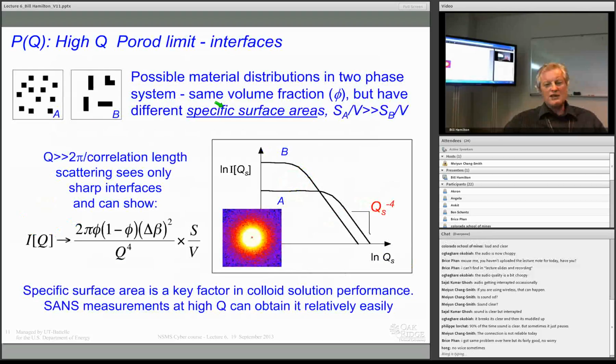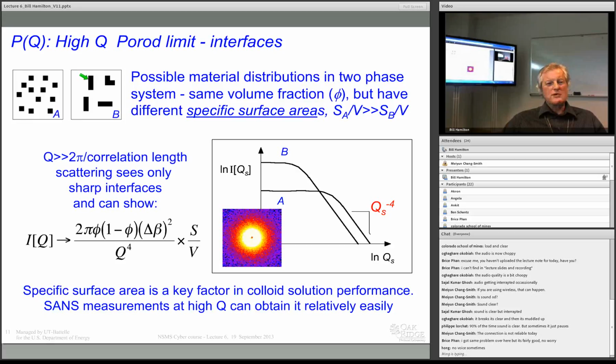We can go to another place, to the edge of the scattering patterns. So this would be out here, and what we'll see is that we're at a high enough Q that the only thing the scattering can see is the edge of a material.